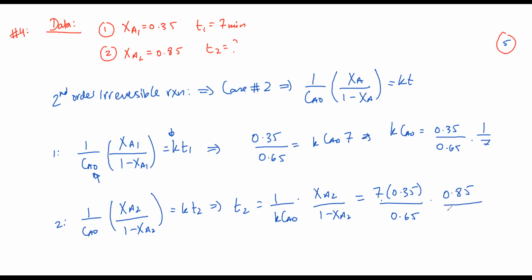Yeah, so here I have a small substitution error, because 1 over K Ca naught is 7 times 0.65 over 0.35, and then 0.85 divided by 0.15, and you should get T2 in this case to be equal to 73.67 minutes. Verify these numbers before using them. Make sure they're correct as well.